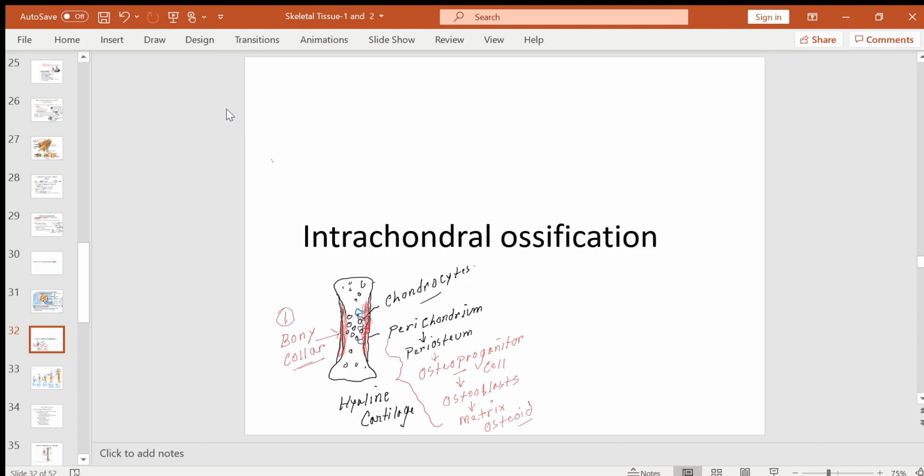You know, in the plant, the buds sprout like that. Okay, so from the inner layer of the periosteum, the periosteal buds are formed.